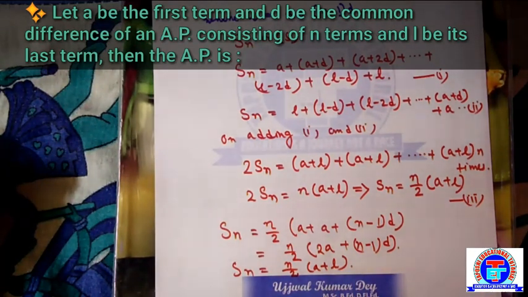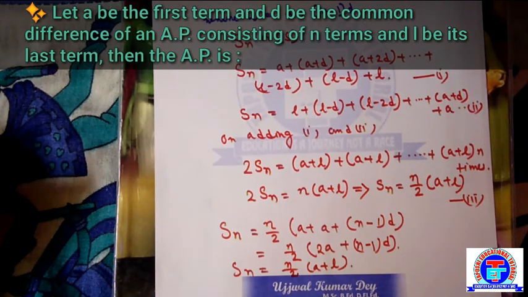The formula Sn is equal to n by 2 into (2A plus (n minus 1) into D) for the sum of the first n terms of an AP involves 4 quantities: Sn, A, D and n.